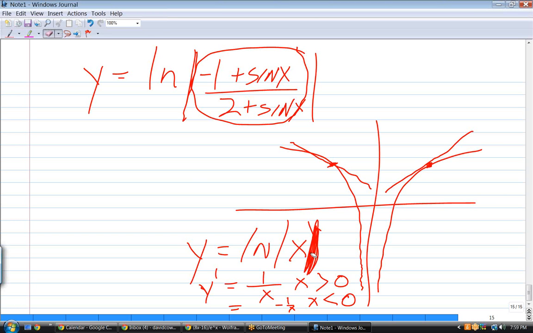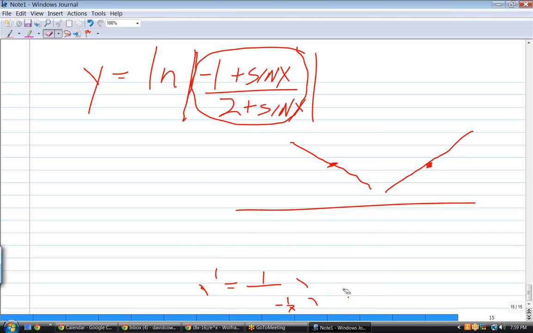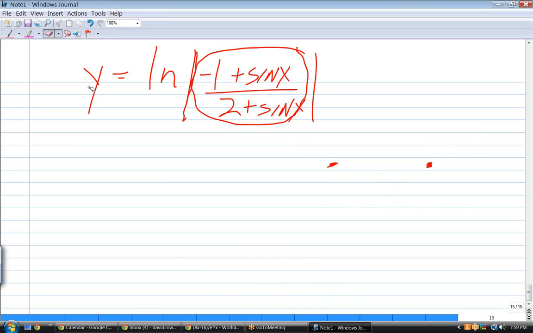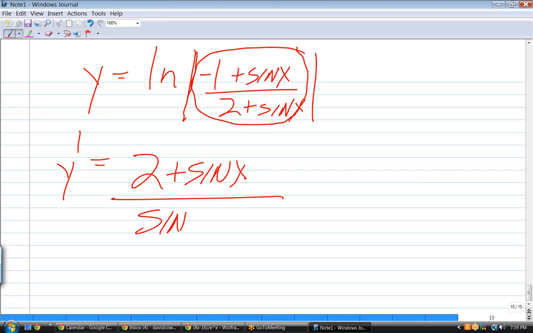Okay, so basically we're going to apply that strategy to this. So y prime is going to equal 1 over that thing, which is just the reciprocal of that, times the derivative of the inside.